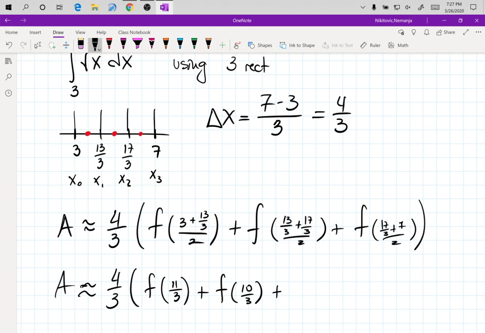Plus 21, 38, 19 over 3. I don't like this. I think there is an error somewhere, right? Oh, that's 30. That's 30, not 20. There we go. Because this number has to be in between the other two. You can't have 11, 10, and then 19. That makes no sense.